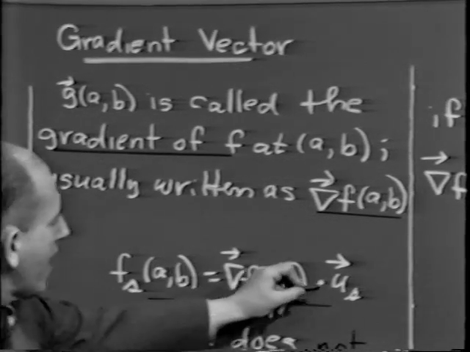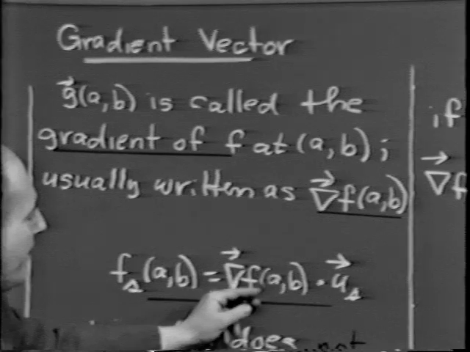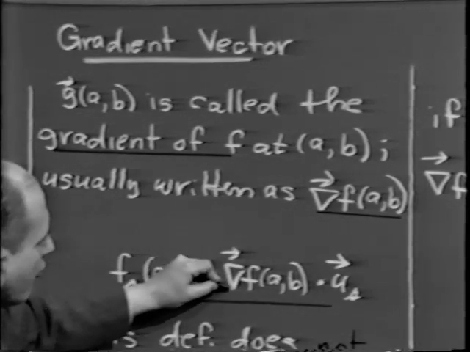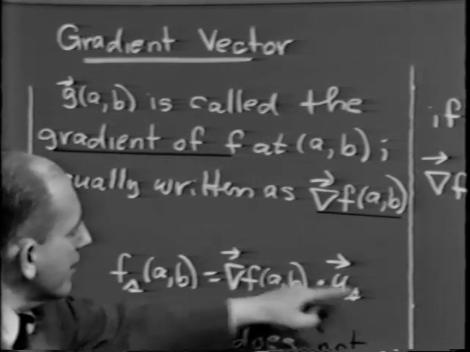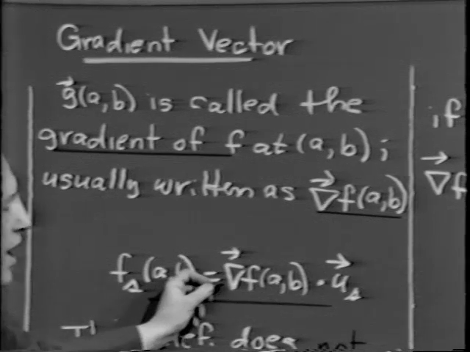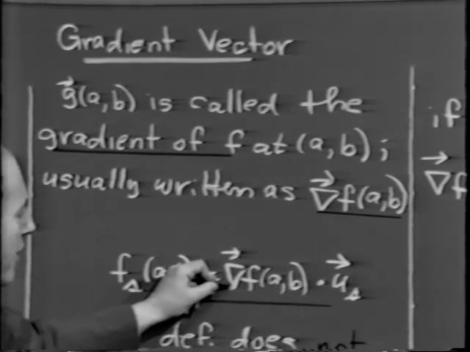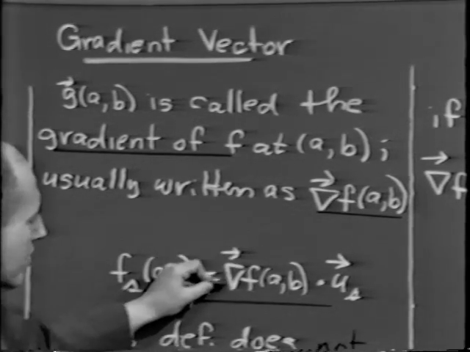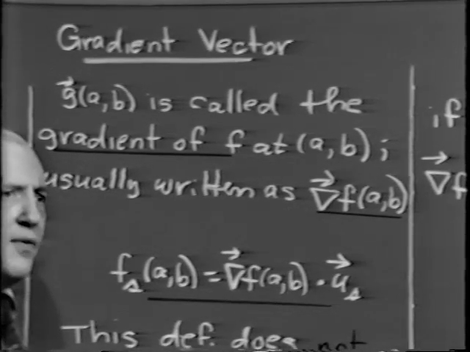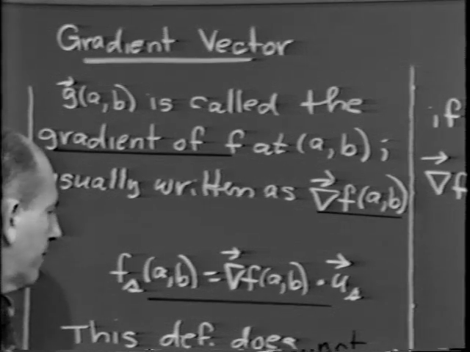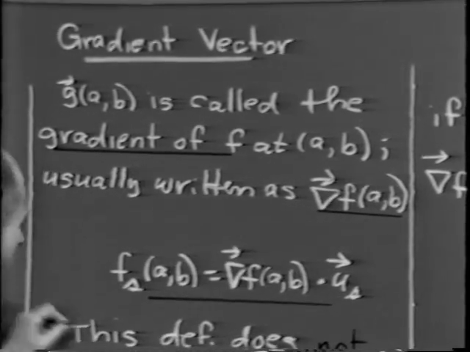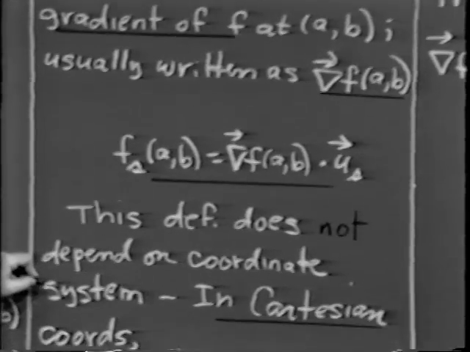By the way, you may recall that when you dot a vector with a unit vector, you get the projection of that vector in the direction of the unit vector. In other words, the directional derivative, another way of looking at this physically, is nothing more than the projection of the gradient vector onto the given direction in which you're moving. And the important point is that this particular definition does not depend on our coordinate system.